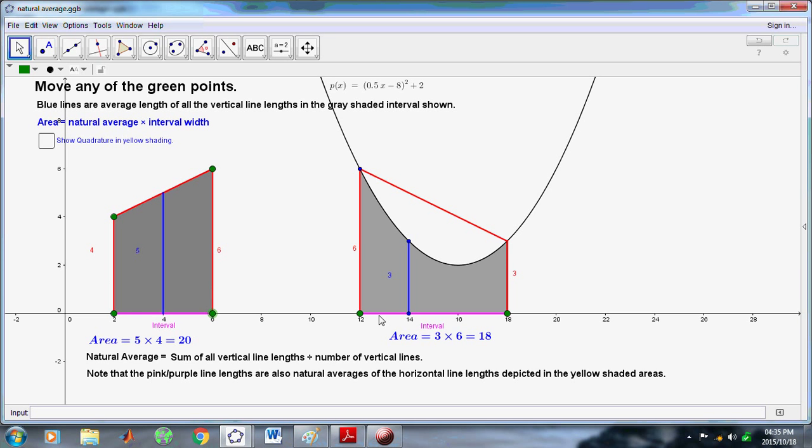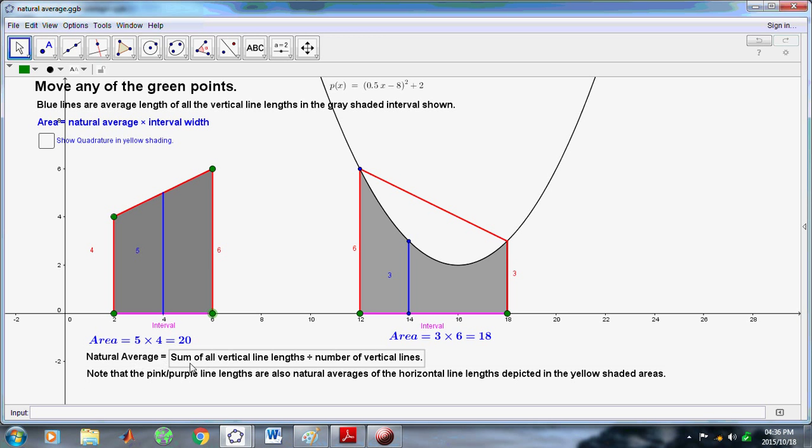Similarly, by the mean value theorem of calculus, on this right hand side the horizontal line average or mean is 3, the vertical line average is 6, and the area is 18. So the area is always described in terms of these numbers, which are plane numbers.